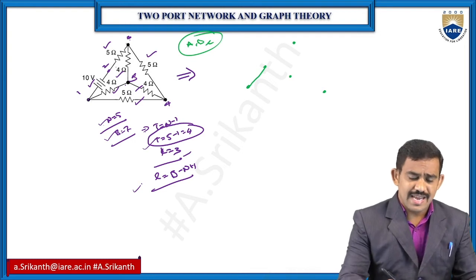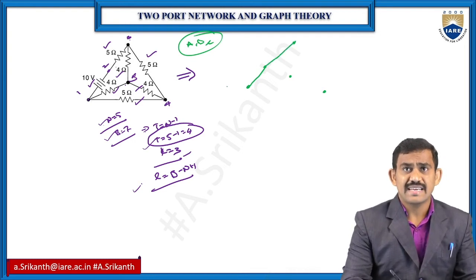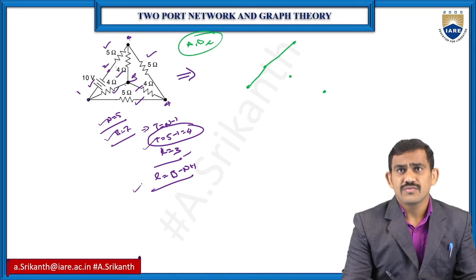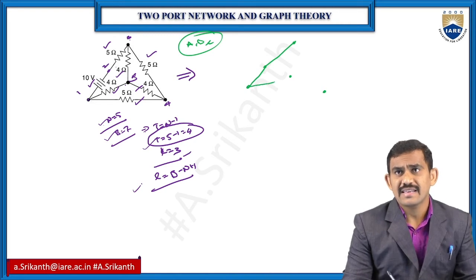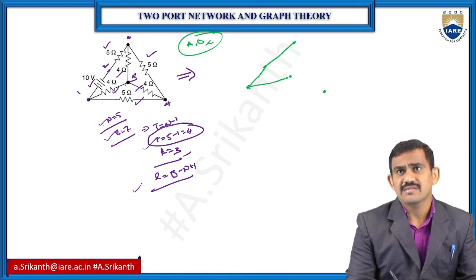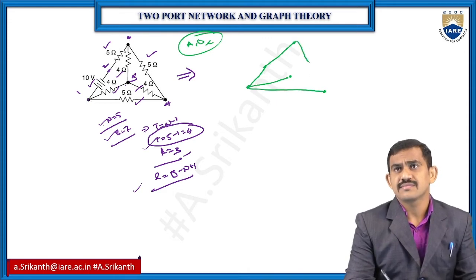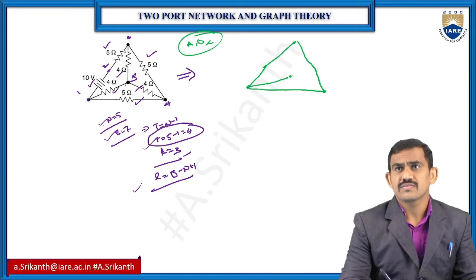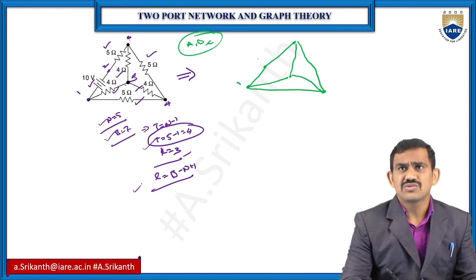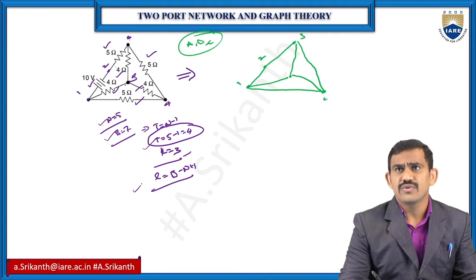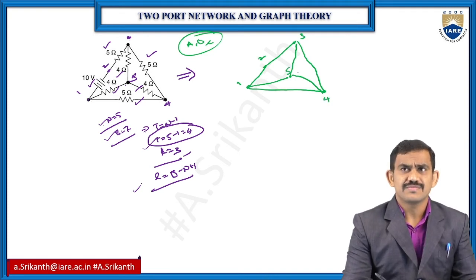So between 2 and 3 I have one line, and 1 and 4 I have a line, same 1 and 5 also a line, and same thing I have a line. So this is your general graph, am I right? So 1, 2, 3, 4 and 5, this is my general graph.